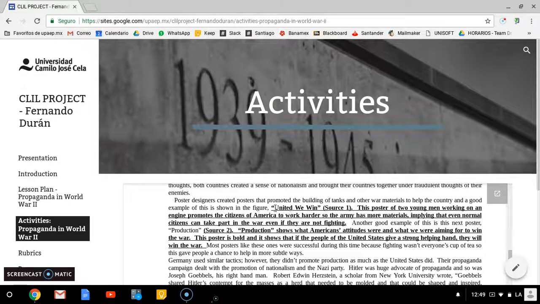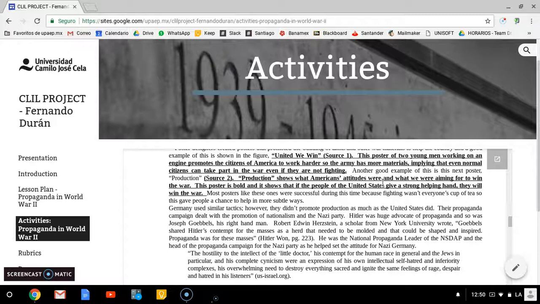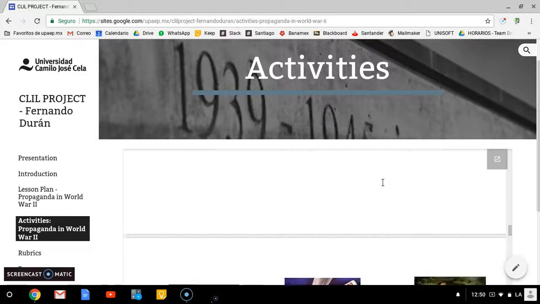For example, the author is talking about the United We Win poster, and he explains that this poster of two young men working on an engine promotes the citizens of America to work harder so the army has more materials. So this is a primary source analysis in a second language, and the students are getting those models.